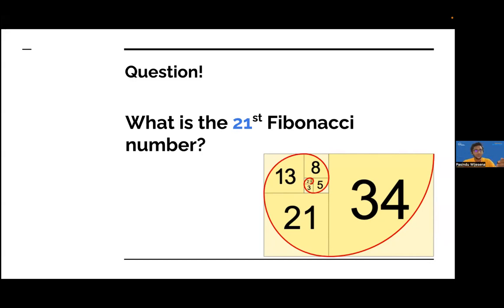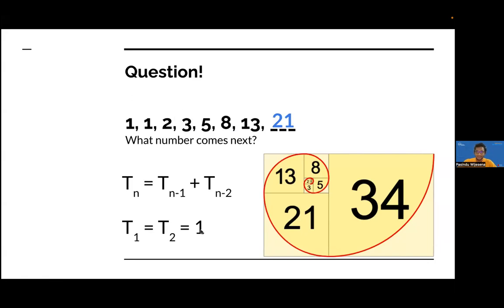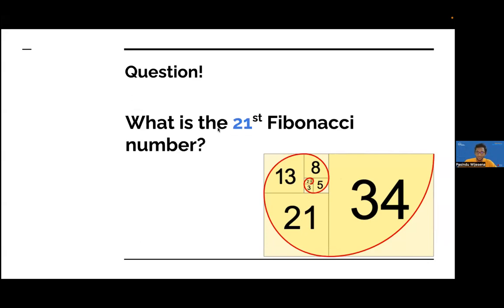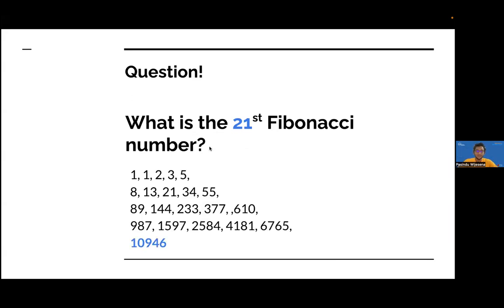If you were told to find out the 21st Fibonacci number, how would you do this? We know that we can compute the nth Fibonacci number by the summation of the previous two. And so a good approach to compute the 21st would be to write the first 21 numbers. So here I've written 5 numbers in each row. So the 21st one is 10,946. Two guys wrote it on the chat.